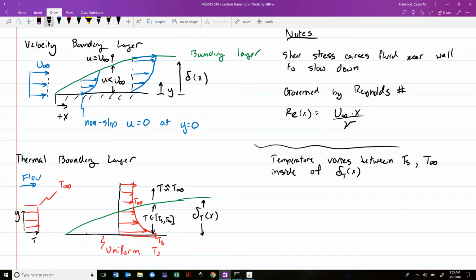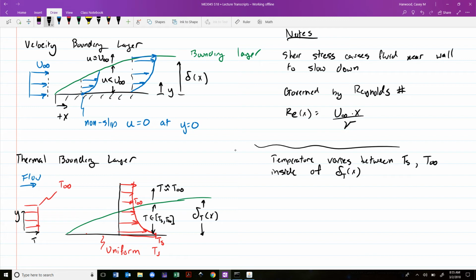As I said before, we know that right at the wall, the velocity is equal to 0. That means that between those two, conduction and advection, the heat transfer mechanism that's going to dominate right at the wall is going to be conduction, because the velocity is 0, there's no bulk motion. It's only that molecular diffusion of heat that causes thermal energy to transfer into the fluid.